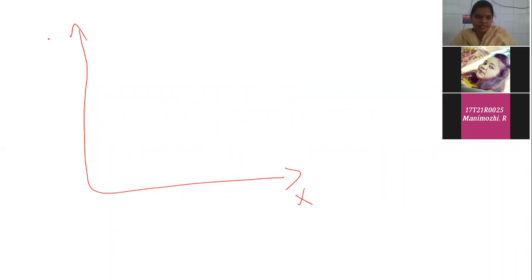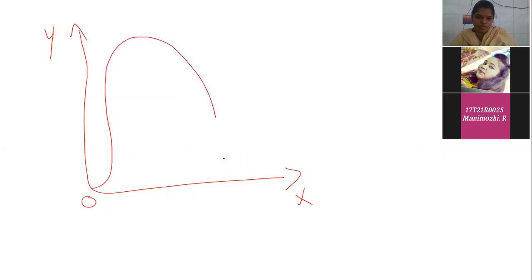In the next case, this diagram shows the mode value. How is it showing the mode value? Let's look into it. This is the x-axis and this is the y-axis. At the center of these axes, we have a 0.